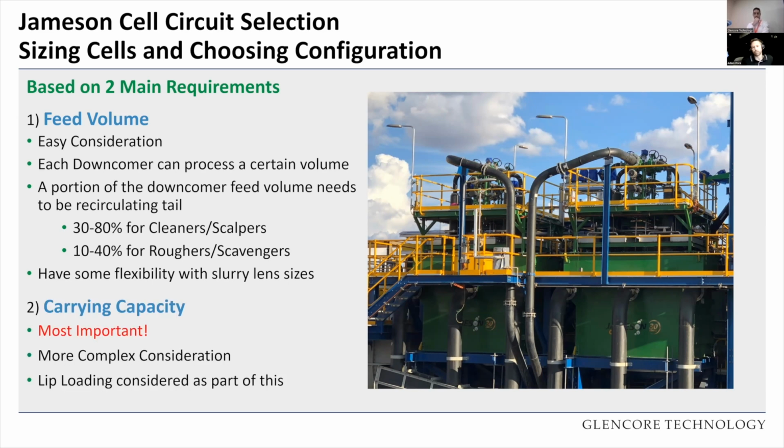But probably the most important is carrying capacity, which is the second thing that we need to check when looking at Jameson cell sizings. This can be a much more complex scenario, and part of the carrying capacity group that we look into also includes lip loading, which is the amount of concentrate coming over per metre of lip on the cell.